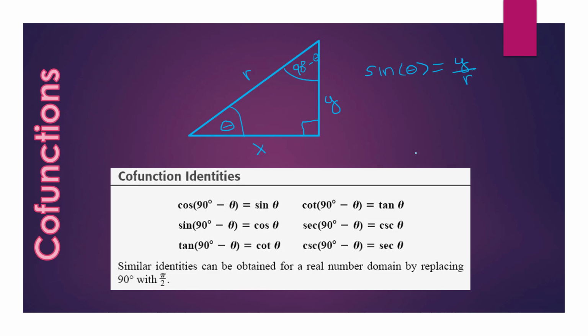All right? But notice if I talk about cosine of 90 degrees minus theta, since we're talking about cosine, that's going to be adjacent over the hypotenuse, also Y over R, okay?